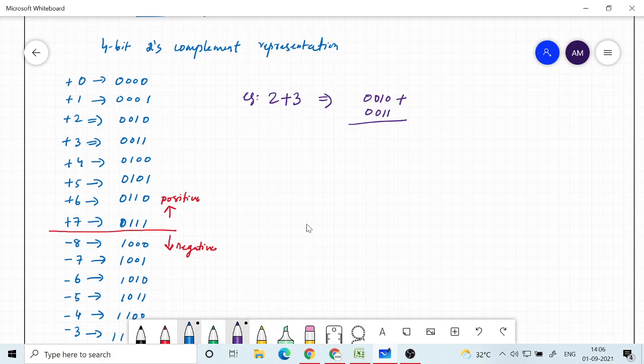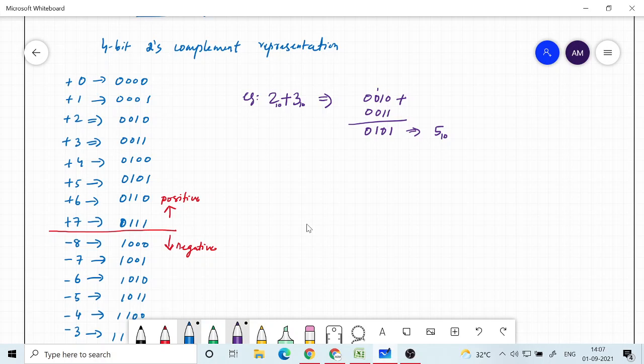If you add these two, 0 plus 1 is 1, 1 plus 1 is 0 carry 1, and then you have 0101. There is no problem in this case. This answer is giving 5, which is possible with 4 bits.